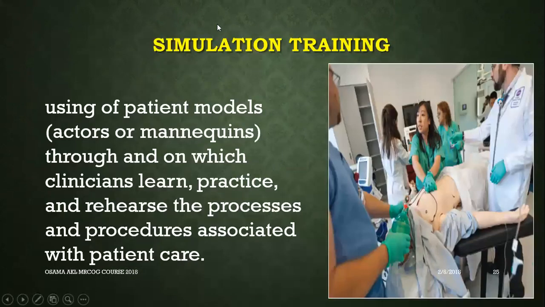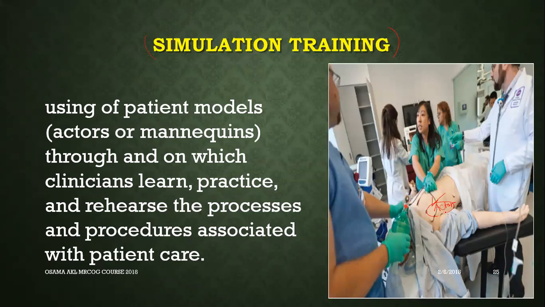The next method is simulation training. In this simulation training, we use simulators, or we can use actors. You know, when you go to take MRCOG Part 3 course, it's based upon an actor.